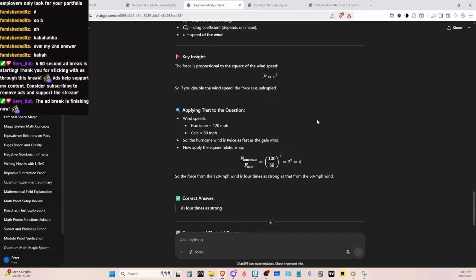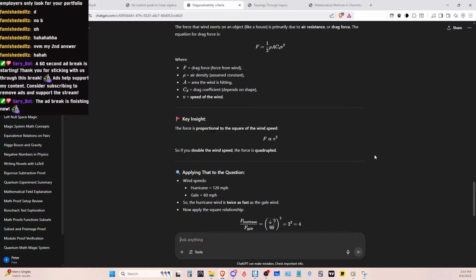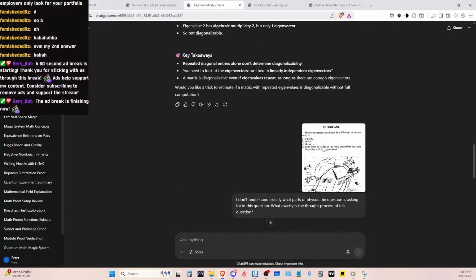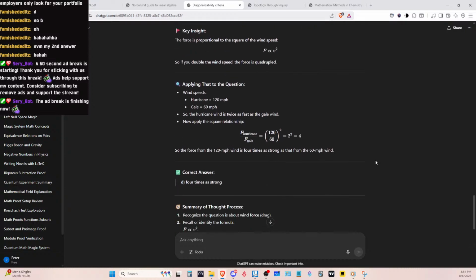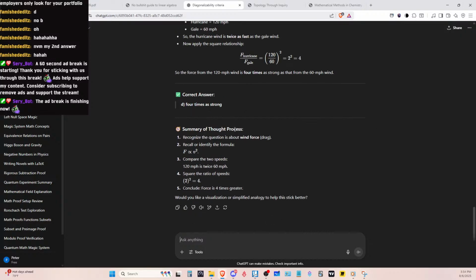Let's see, the force of the hurricane winds and the force of the gale winds. It's 4 times. So the force of the 120 mile per hour winds is 4 times as strong as the 60 mile per hour winds. So the correct answer is 4. Yeah, I got the same one.